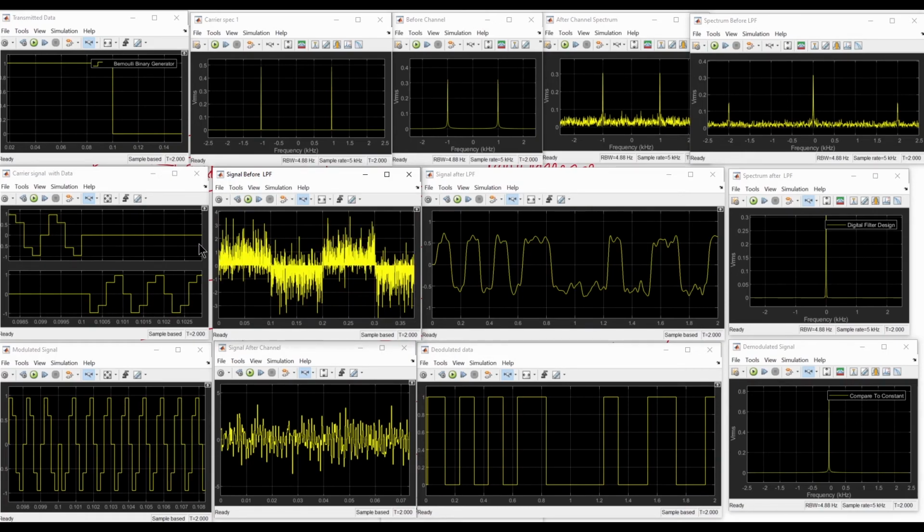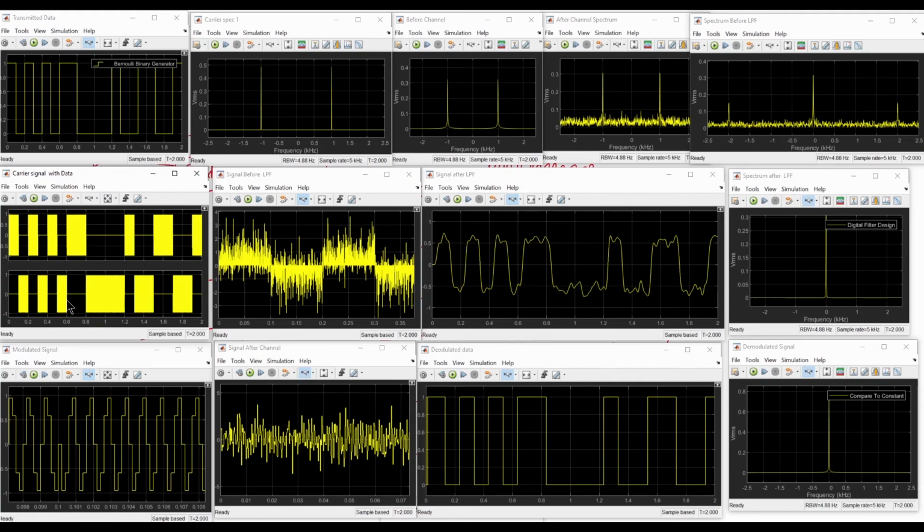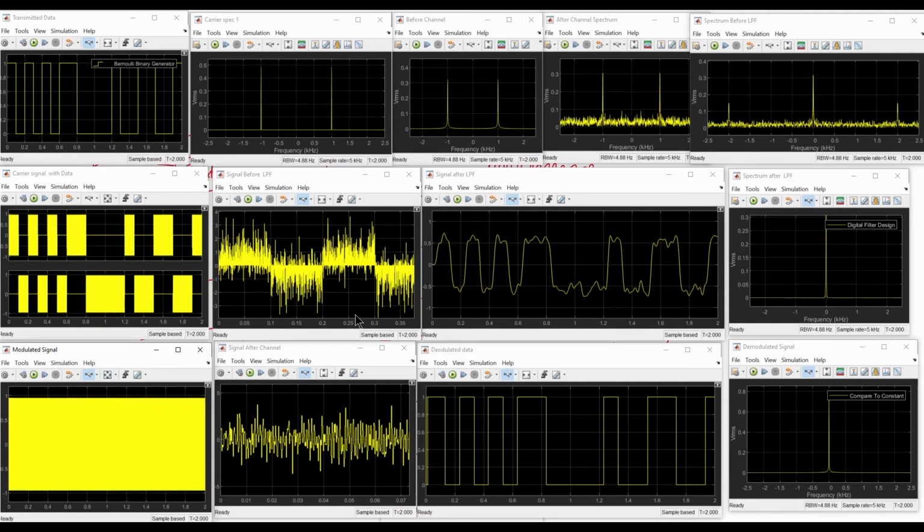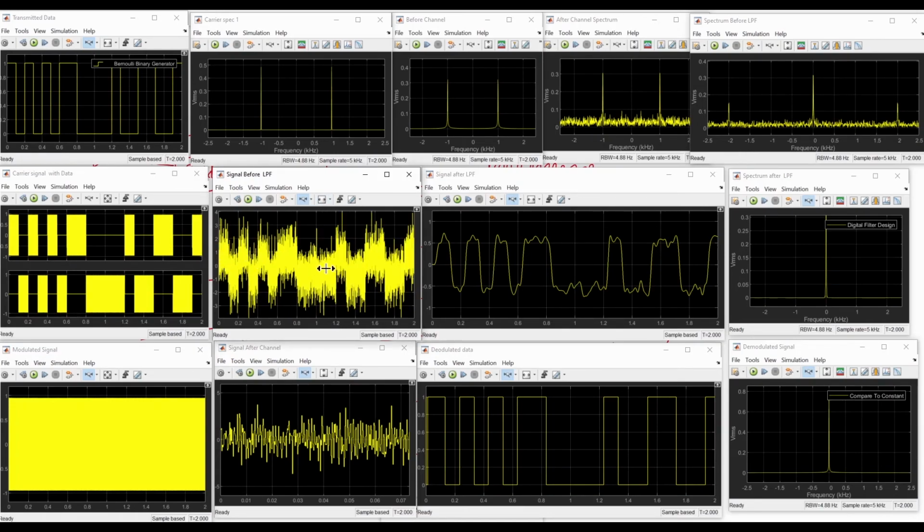So you can see the first one is 1, then we are getting 0. Here we have lots of noise and some other bands. So this is high, this is low, and then high again, low. So something like that. You can understand it by seeing with our bare eyes.